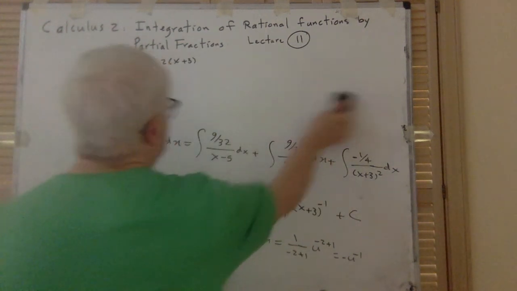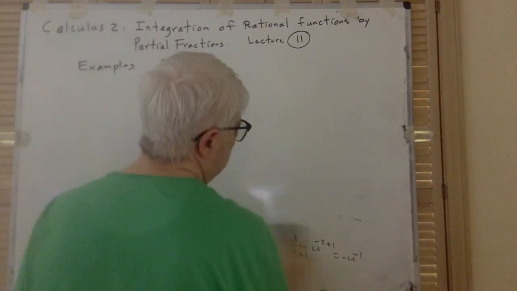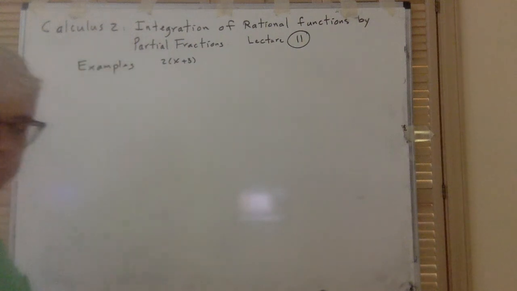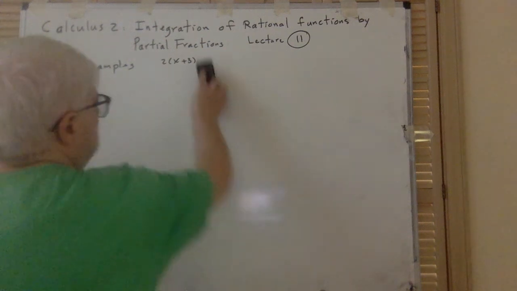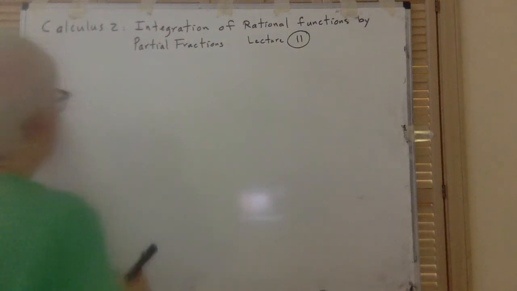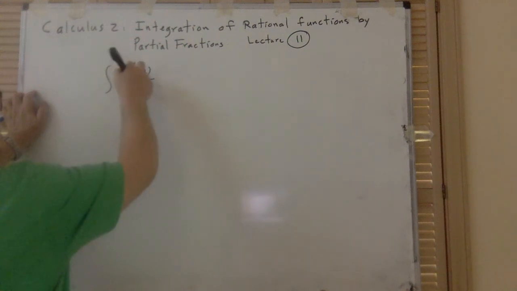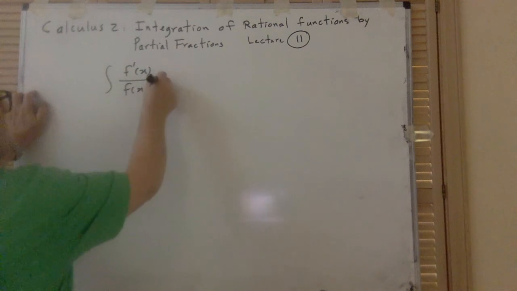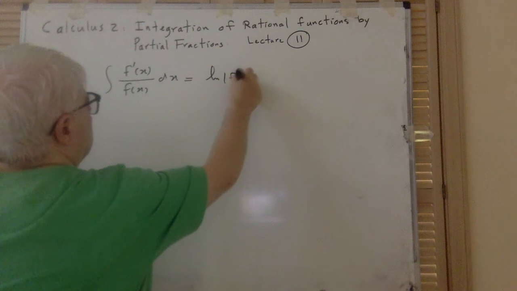And so let me write down those. So I still have to do another example with the denominator having an irreducible factor. So if I have f prime x over fx dx, this is ln of absolute fx plus c.